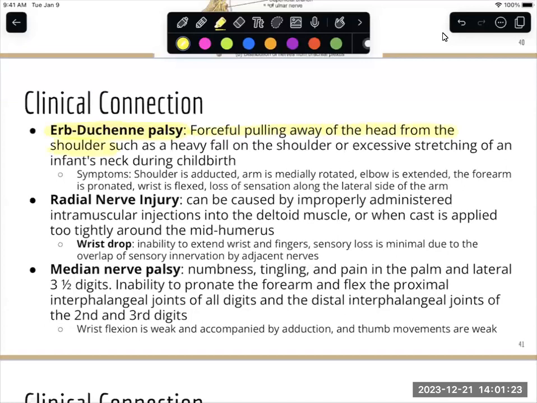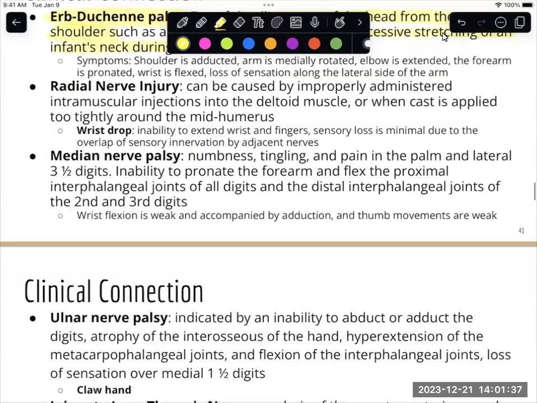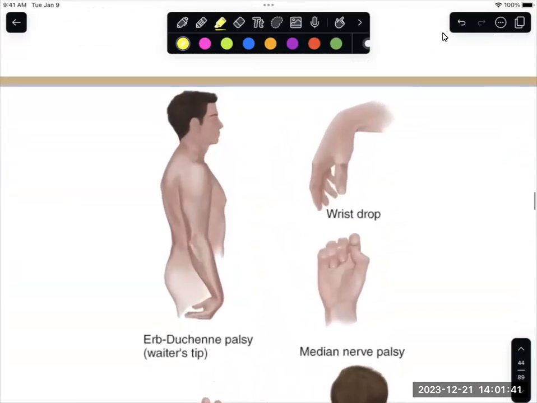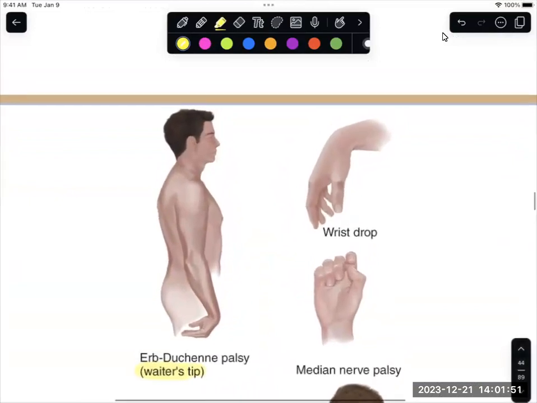So like landing on your shoulder upside down with your head tilted to the side, excessive stretching during childbirth. They have what's known as waiter's tip, with the hand behind you, the shoulder adducted in, the hand rotated behind, and their arm is stuck in that position.